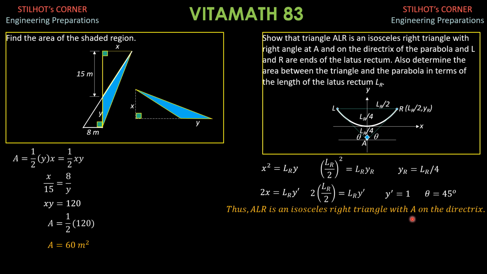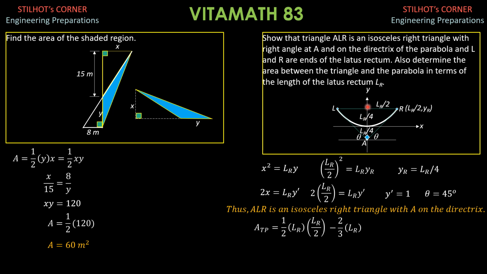So A is on the directrix because by definition, a parabola is the path generated by a point moving so that its distance from a fixed point, which is the focus, is equal to its distance from a fixed line, which is known as the directrix. So one position of the moving point would be here. Its distance from the directrix is LR over 4.